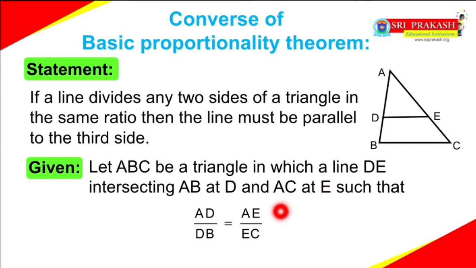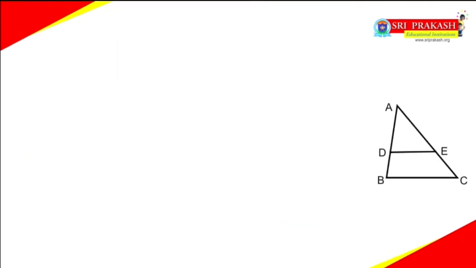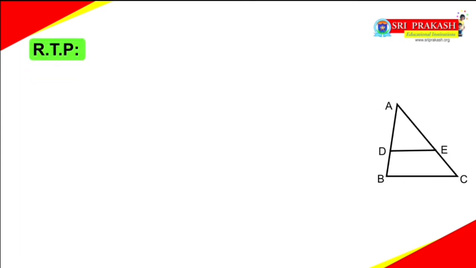Children, let us consider it as equation 1. Next, RTP. Children, in this theorem, we need to prove that the line DE is parallel to BC.